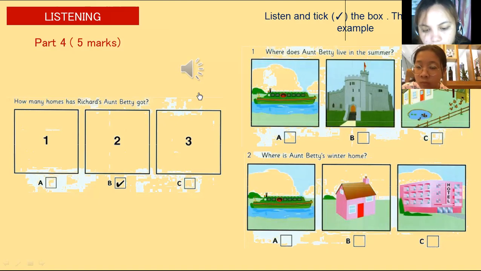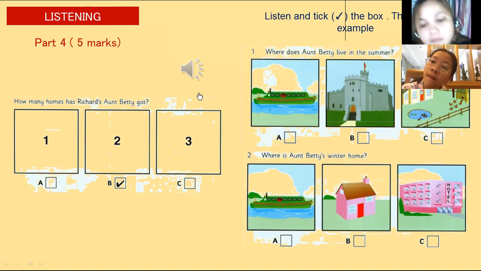1. Where does Aunt Betty live in the summer? Does she live near your farm? In the winter, yes, but in the summer she travels a lot. Where does she go? She goes up the river in her summer home. It's a boat. Oh, she lives on a boat.